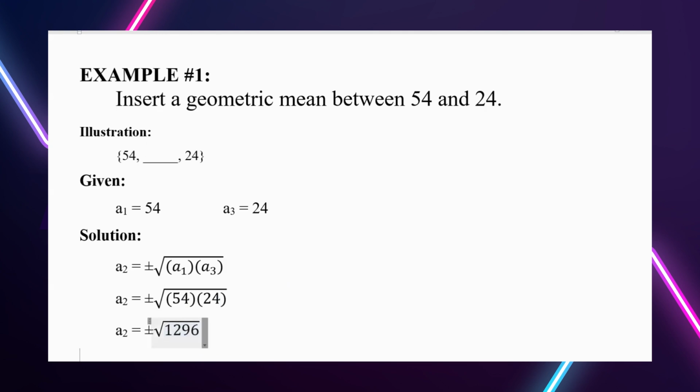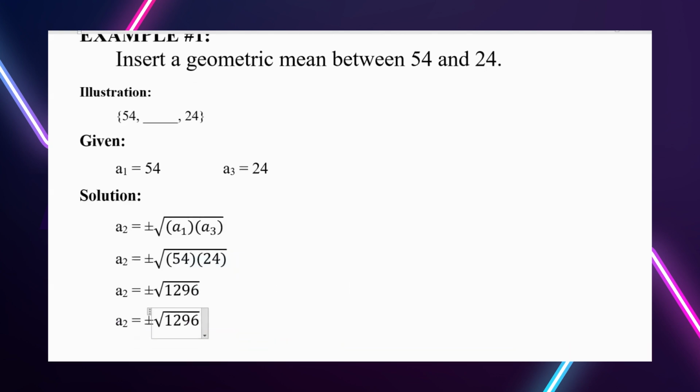Next, we have to get the square root of 1,296. So the square root of 1,296 is positive negative 36.